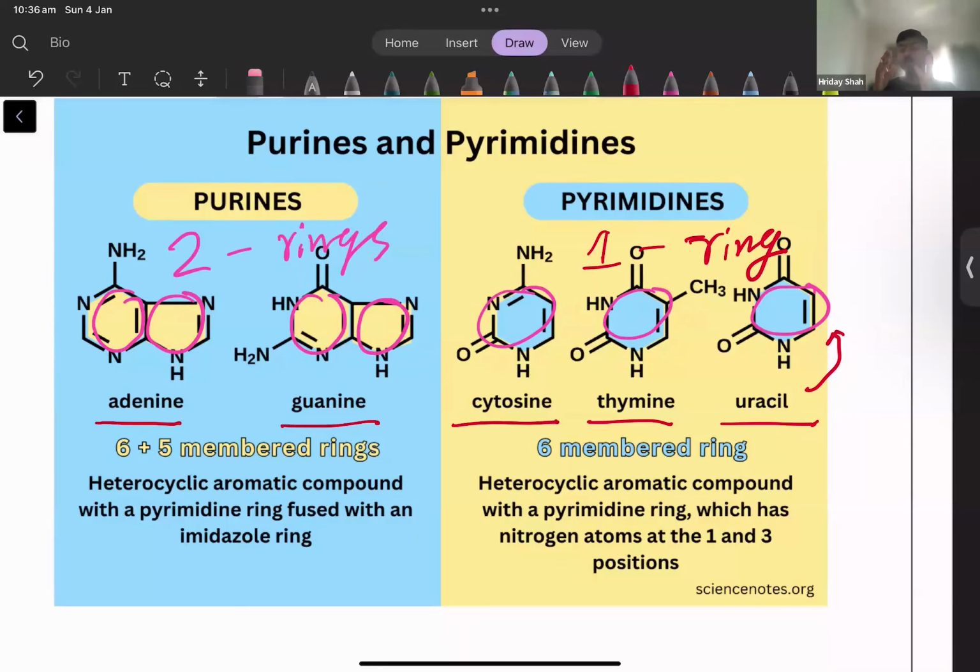If you have a one-ring nitrogenous base, that is given the name pyrimidine. If you have a two-ring nitrogenous base, that is given the name purine.